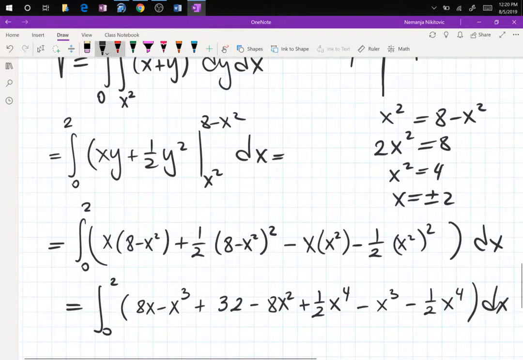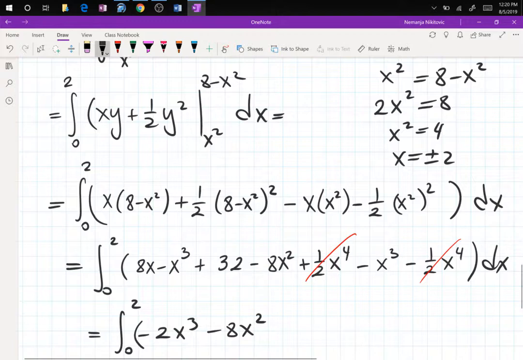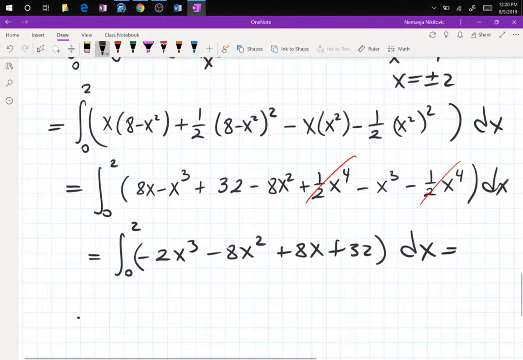Oh, that's great, these cancel. And what do we get? 0 to 2. x cubed is the highest exponent, so that's negative 2x cubed, minus 8x squared plus 8x plus 32, dx. And now we are back in Calc 1.